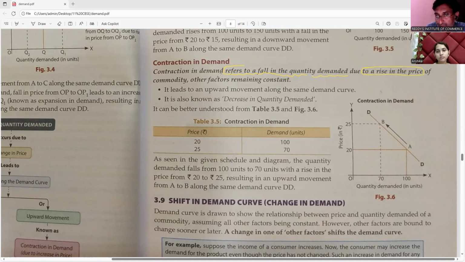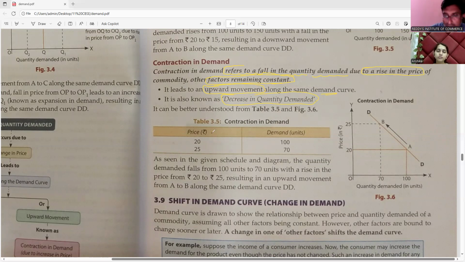But again, other factors will remain constant. It leads to an upward movement along the same demand curve. It is also known as decrease in quantity demanded. Now let's see again with the help of a diagram.